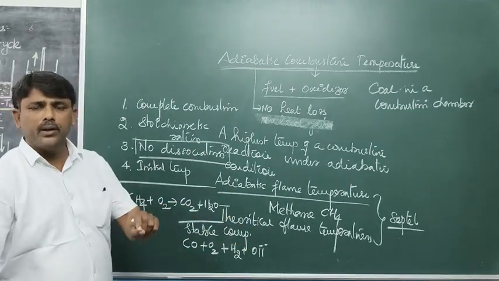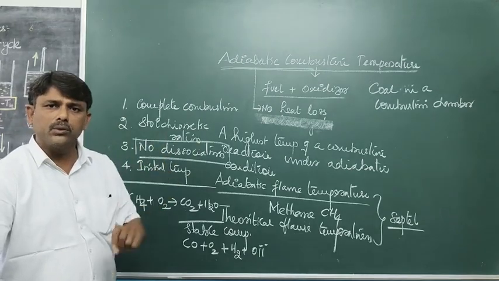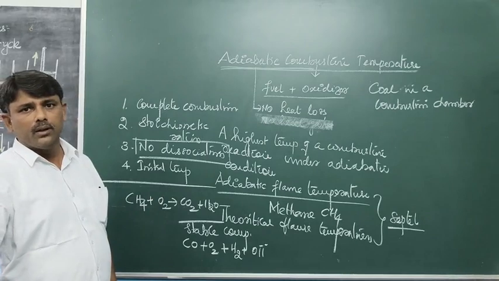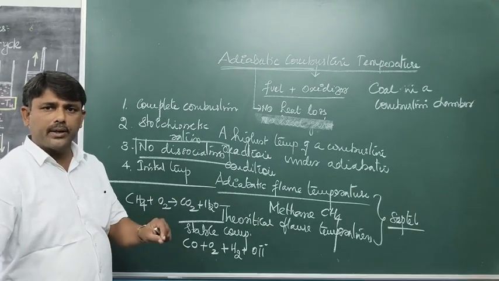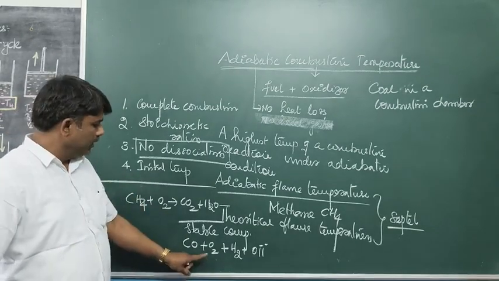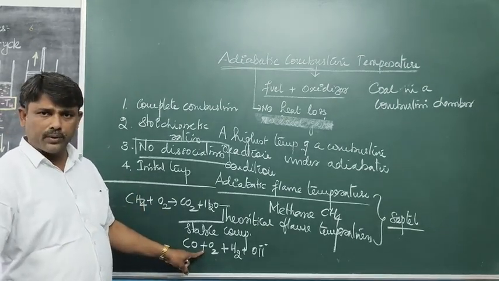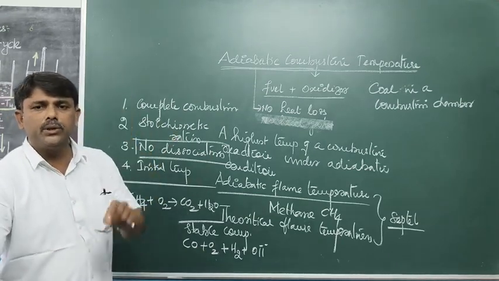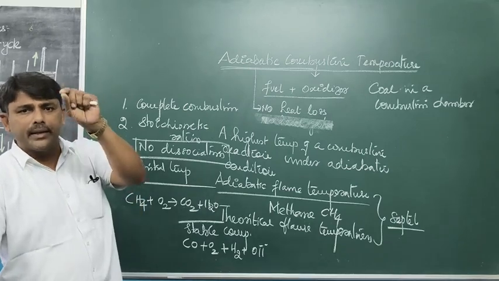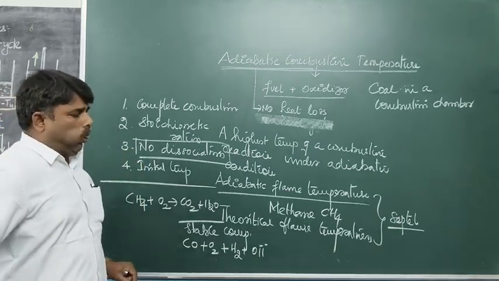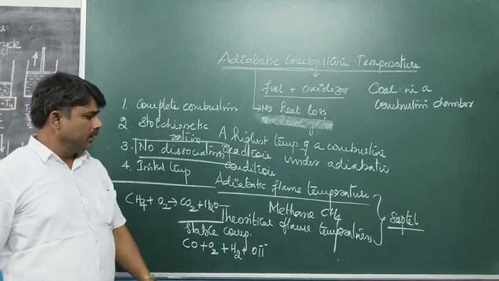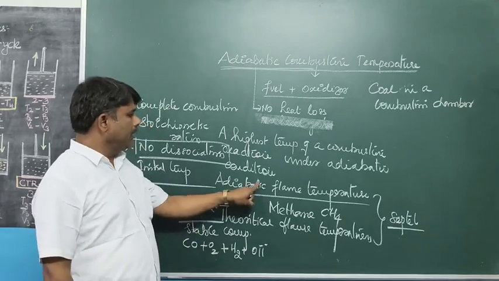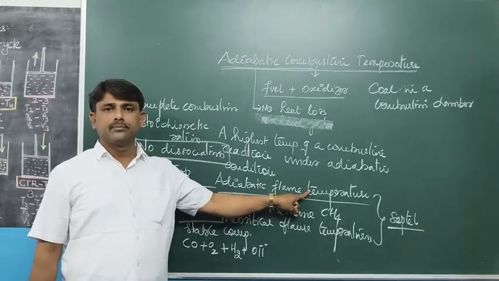What I am trying to say is, in theoretical flame temperature, there will definitely be dissociation, particularly when you cross 1800 degrees Celsius. The total energy is consumed for the dissociated compounds, hence total energy decreases, and due to the decrease in total energy there will be a decrease in temperature. Hence, theoretical flame temperature is always less than the adiabatic flame temperature.